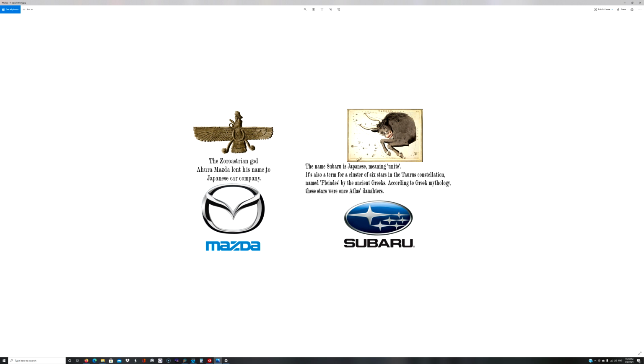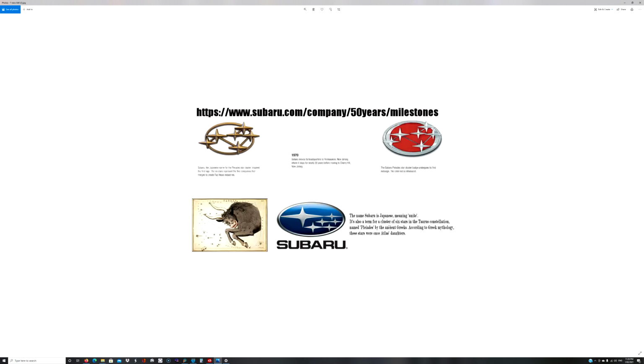It might be worth mentioning as well the names of major engineering companies, but Mazda not so much. But Mazda is named, on their own site, after Ahura Mazda, a Zoroastrian god, the god of light. While the Subaru company has 6 stars, and on its own site it lists that Subaru is the Japanese name for the Pleiades star cluster.